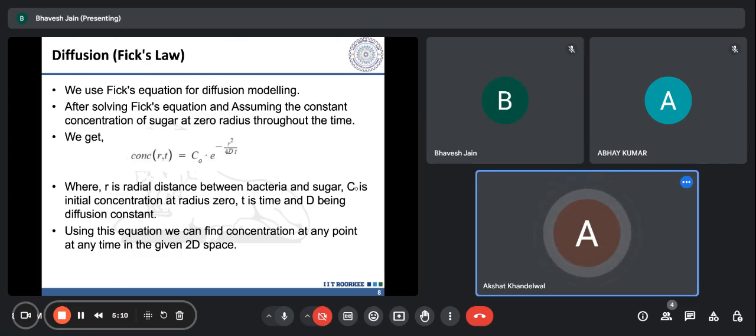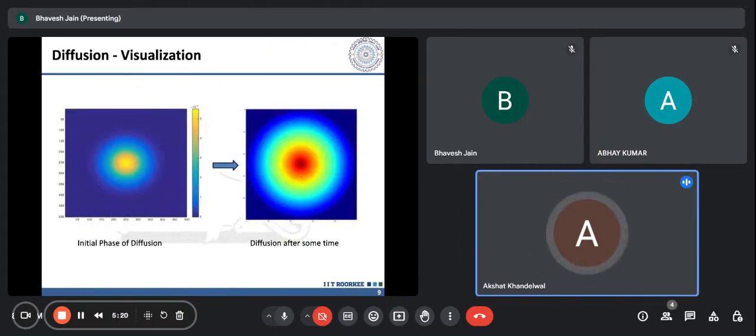Using this equation, we can find the concentration at any point at a given time in any 2D space. And we have used this equation for our simulation. As we can see how diffusion takes place in this two-dimensional area, as we put the sugar, it slowly starts diffusing in a two-dimensional space, and the concentration at any point increases with time, and also it decreases radially.